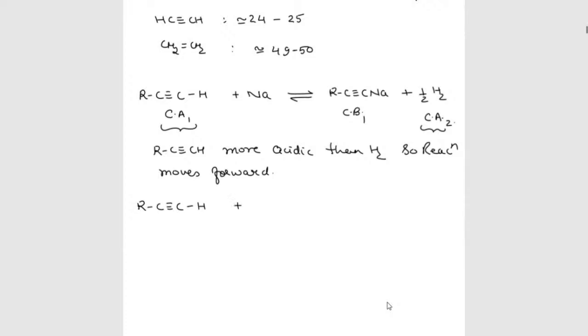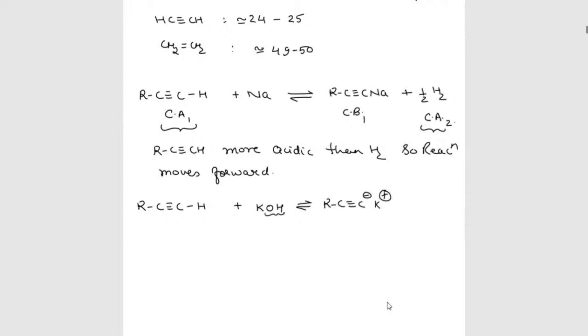If I go to reaction with water, okay, if I take this reaction with water, as you all know, I'll write a similar method. Rather in place of water, I will take KOH, OH minus.